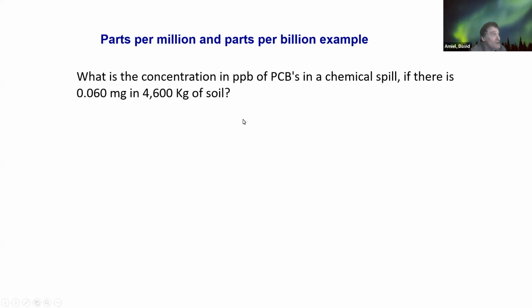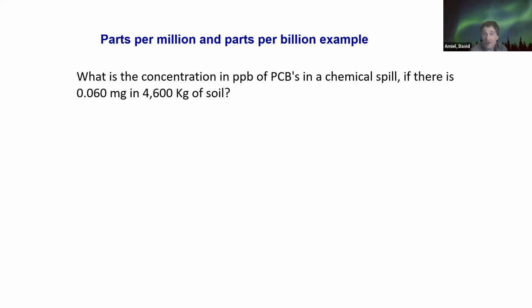Here we're looking for the concentration in parts per billion of PCBs, polychlorinated biphenyls. Those are toxic compounds that leak out from a chemical spill. Many industrial processes produce PCBs, and they spill into the river, they get in the soil, they get in the oceans, and they contaminate everything.